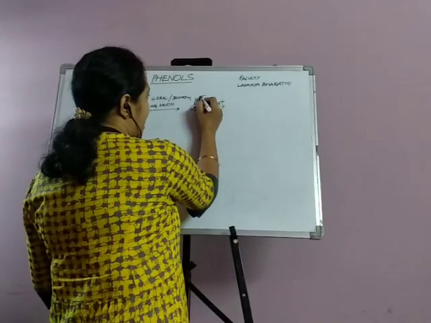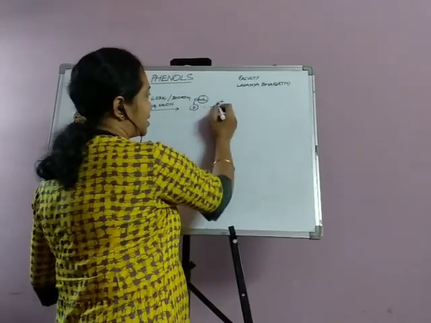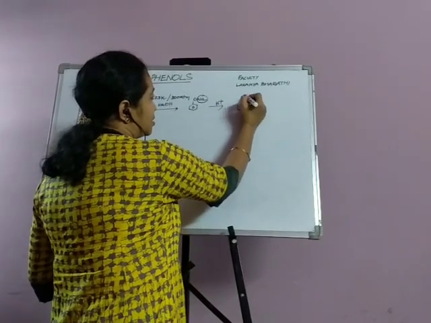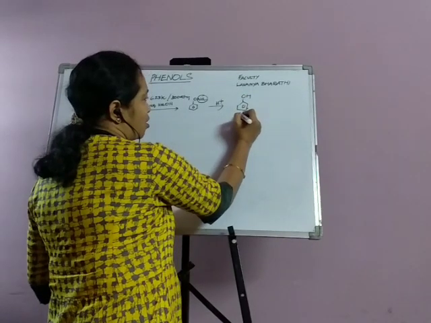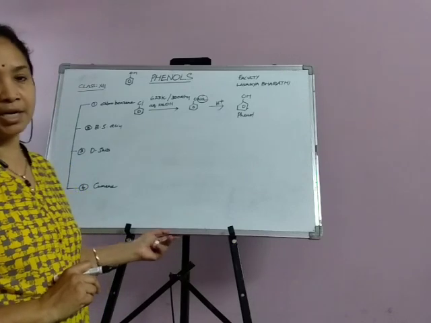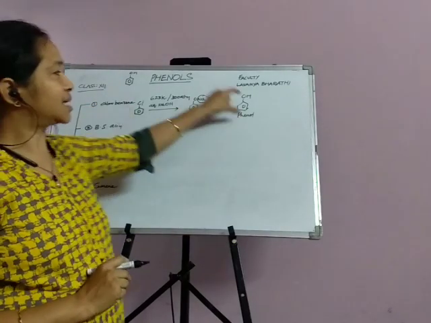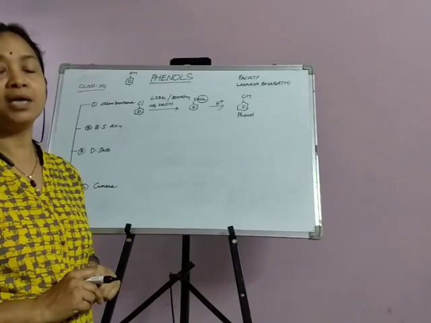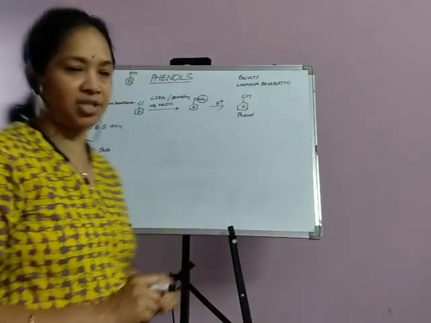Then you can understand that this Na plus is substituted by H plus, and you will get phenol. This is phenol. So this is the first preparation technique, how chlorobenzene is converted into phenol. Phenol is obtained from chlorobenzene by a nucleophilic substitution reaction.